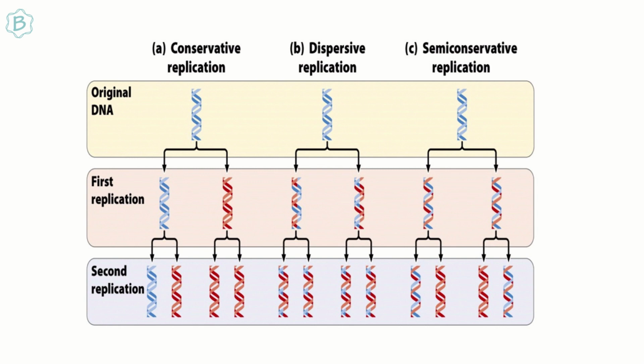One of the parental strands has been given to one daughter strand and the other one to the other daughter strand. So this is how these three replication models are present in organisms. But most of the time it is seen that the semi-conservative replication model occurs in most prokaryotic and eukaryotic systems.